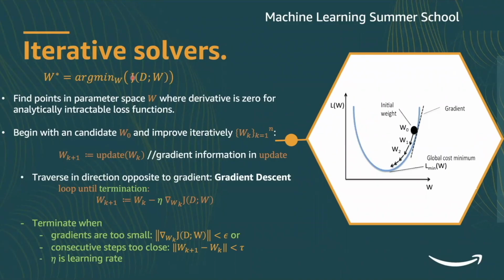Let's squash the whole term inside the parenthesis into an objective function J. It's a function of the data and the parameters, but the optimization happens only on the parameters w, right? The trick that they use here is they start with some estimate of the parameter w0 and then move in a direction where the value of the objective function J goes down.